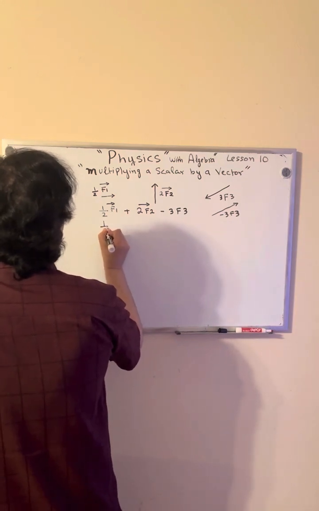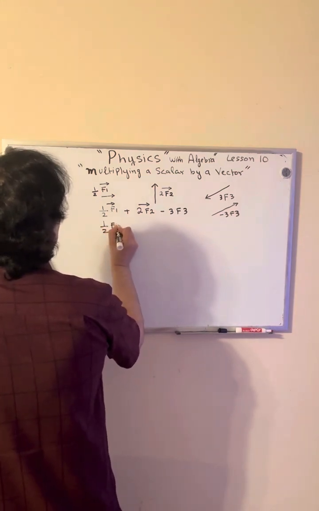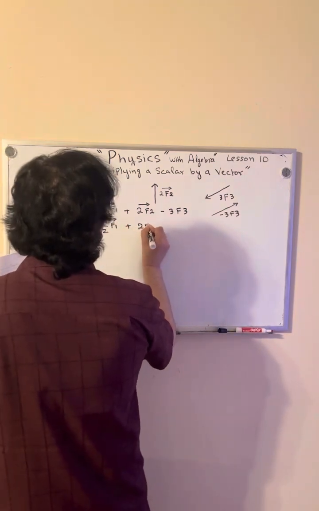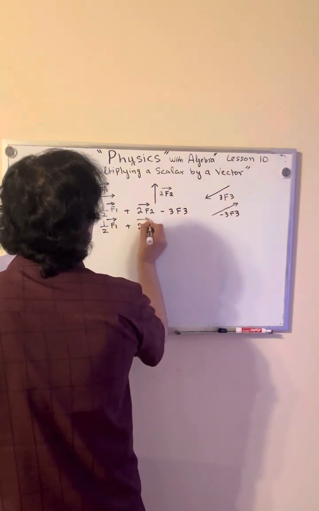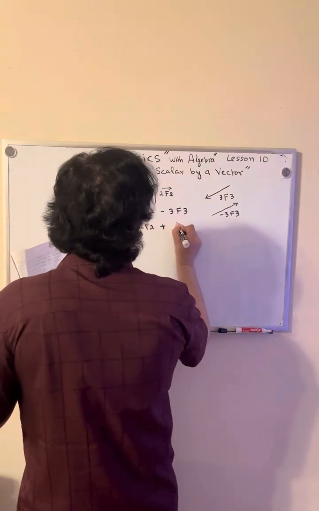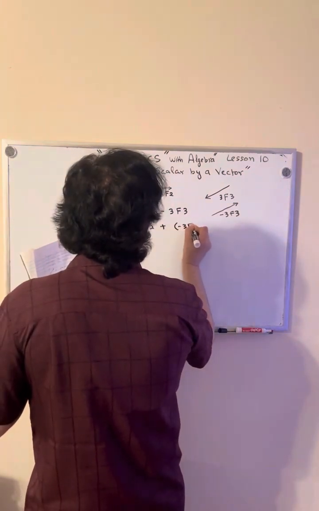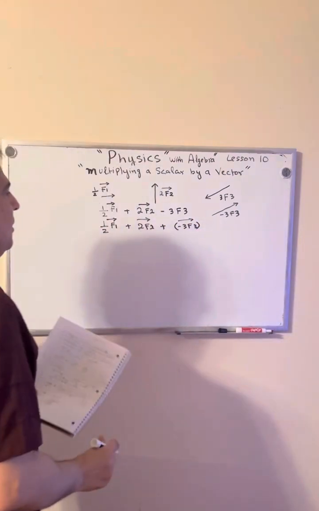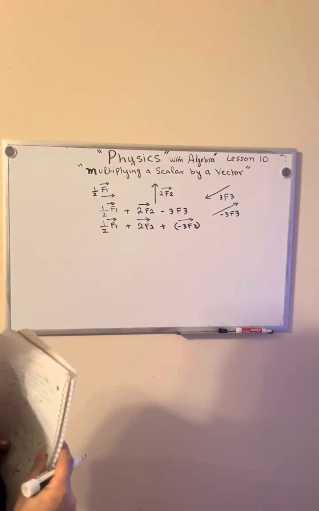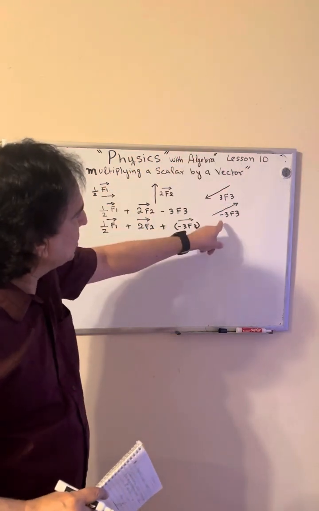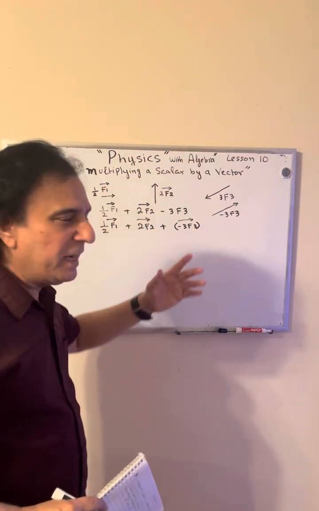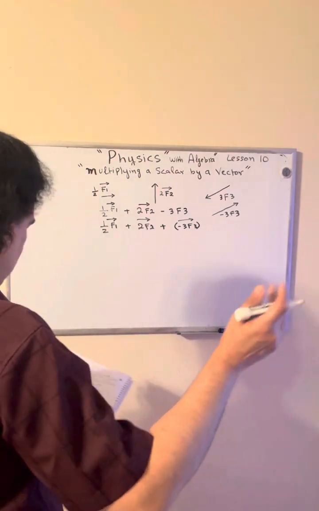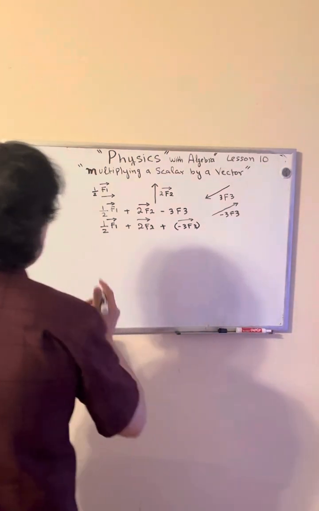I can say half F1 vector plus 2F2 vector plus minus 3F3 vector, right? All I did was reverse the direction of this. So I can represent that in the form of a graph. Now let's see if we can represent that in the form of a graph.